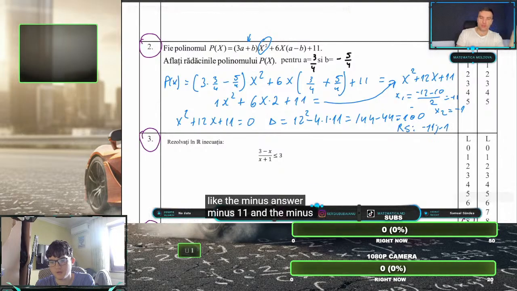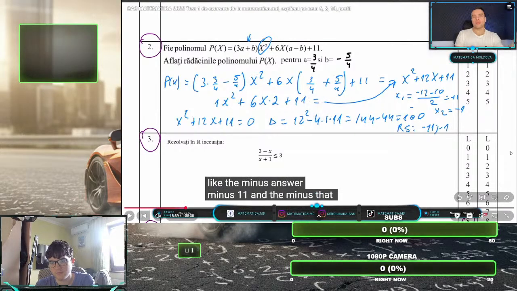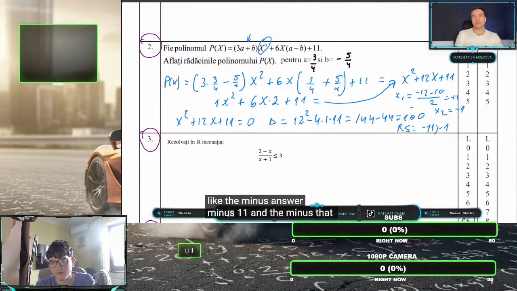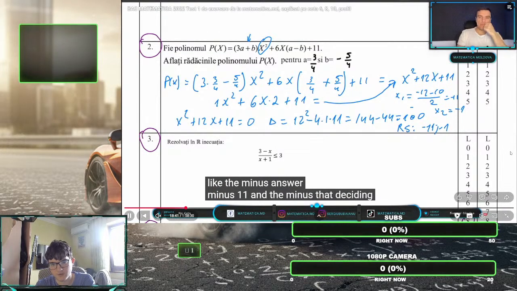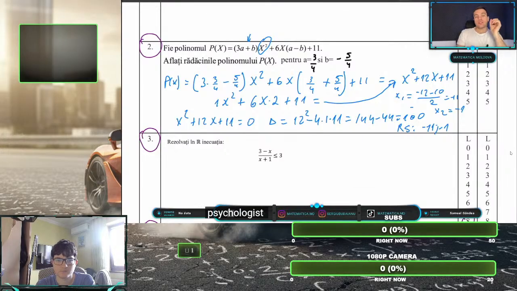Oh yeah, minus 11. So that's boom. And then basically, if you put a plus, it's gonna be minus 12 plus 10. That's minus 2 divided by 2. That's minus 1. So that's a response right there.